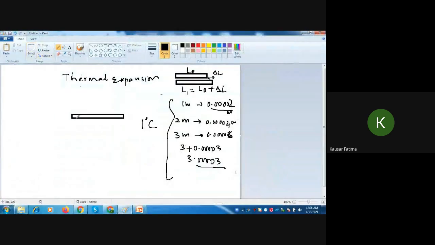This is one rod, and I can take another rod of different expansivity. Brass and invar may be the common example. They are joined this way.